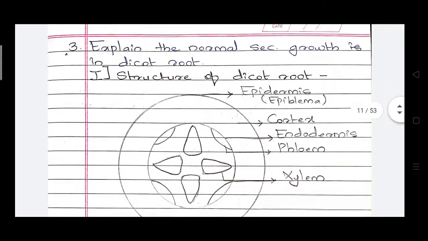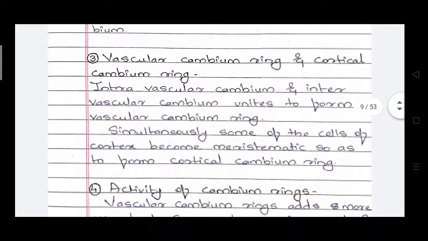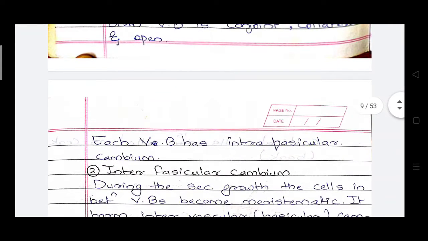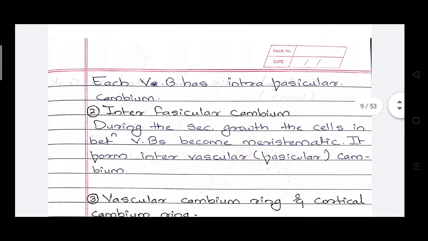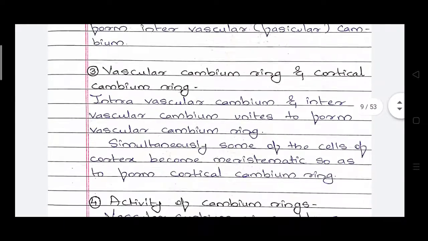Then the interfascicular cambium is developed, that means meristematic growth between two vascular bundles. Then the intrafascicular and interfascicular cambium are joined and form the vascular cambium ring and cortical cambium ring.